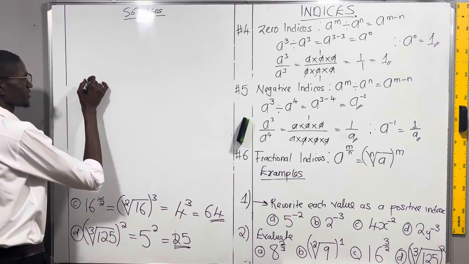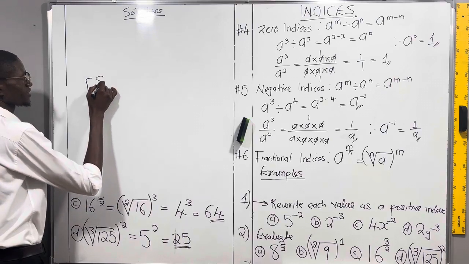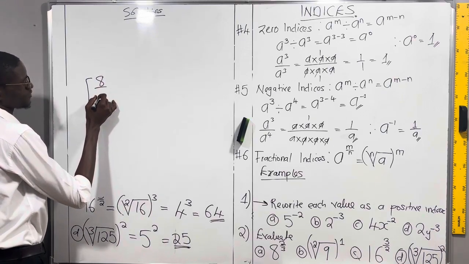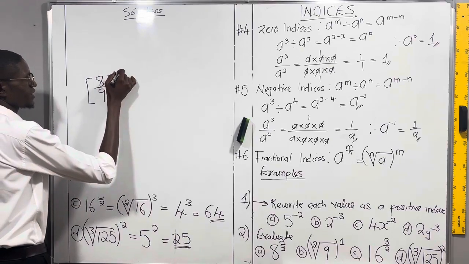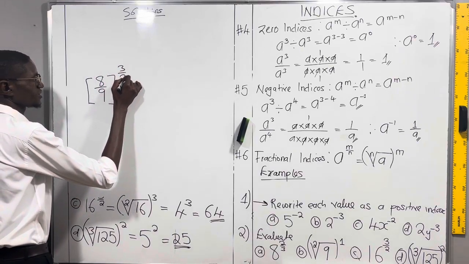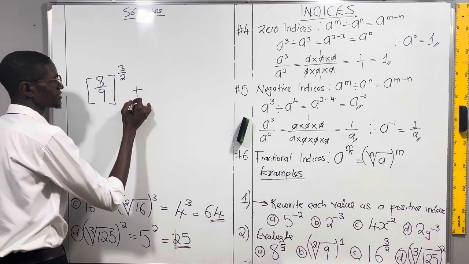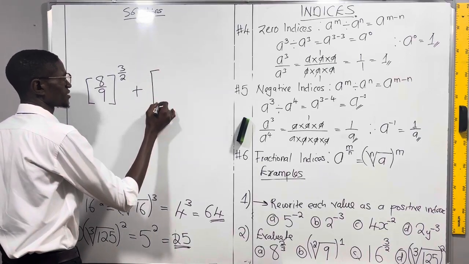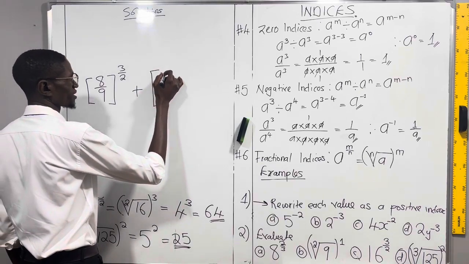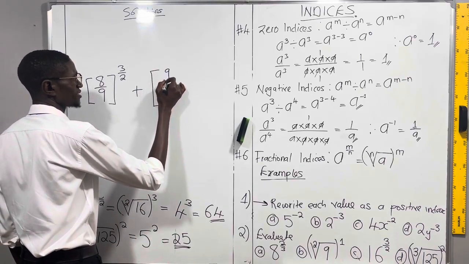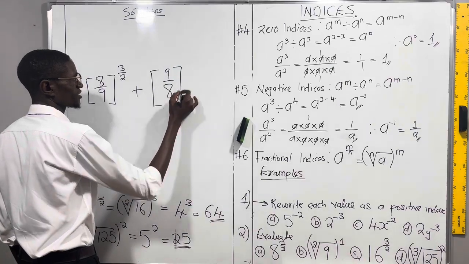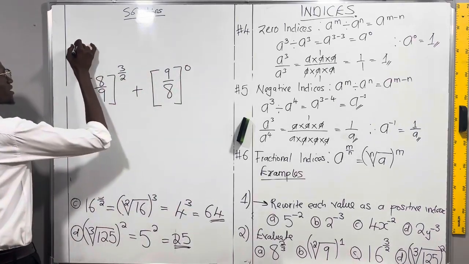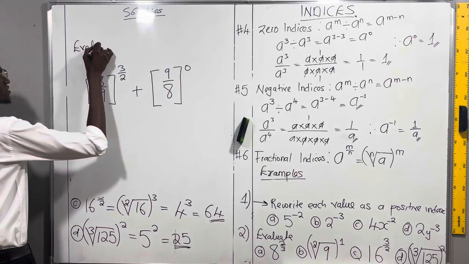Let's say we have in brackets, we have 8 over 9, and then the power is 3 over 2, plus then here we have let's say 9 over 8, the power 0, and they're saying evaluate.